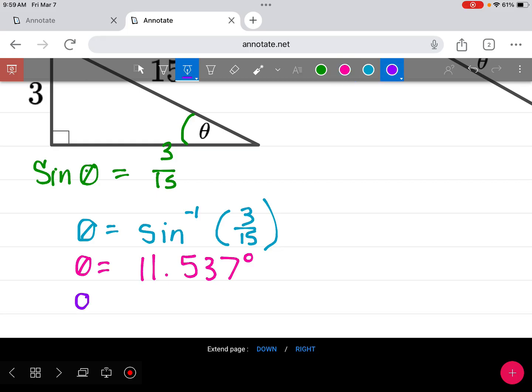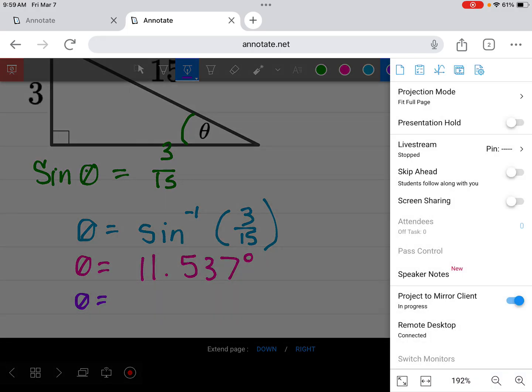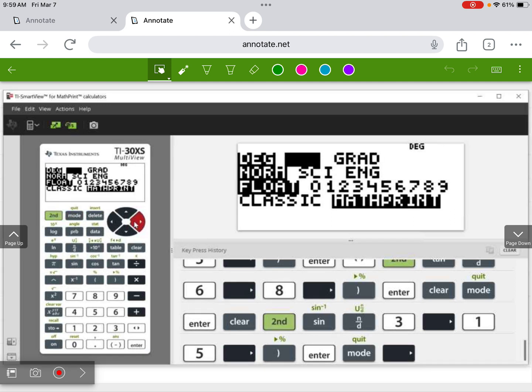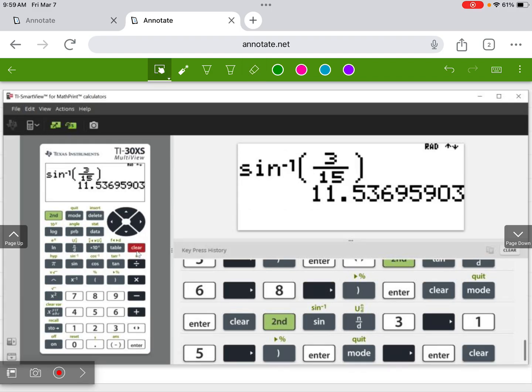Speaking of radian, what is our radian answer going to be for this? We have to go put it into radian mode, so it's in that same spot. Mode. I click on radians. It should say rad. It's so rad. If it's rad up there, we're in radians. So make sure you're in radian mode before you try and evaluate it to get your radian answer.